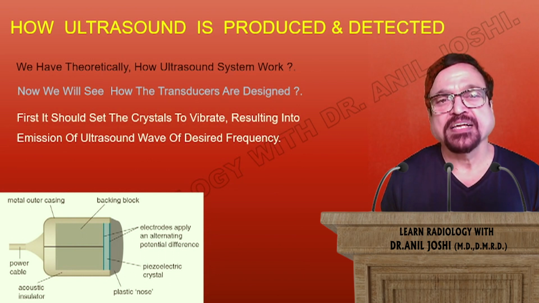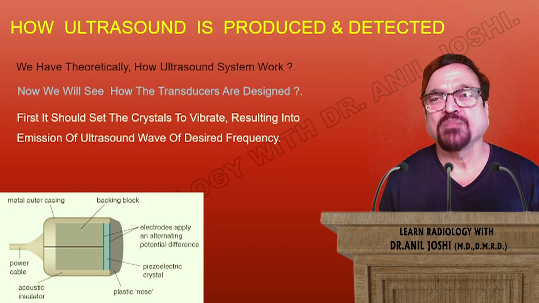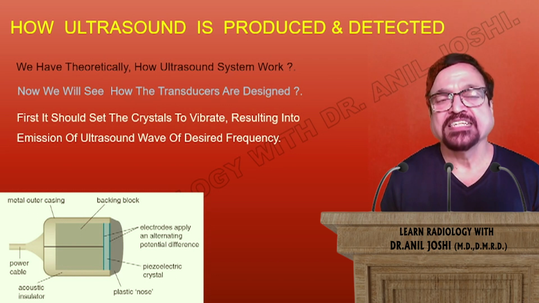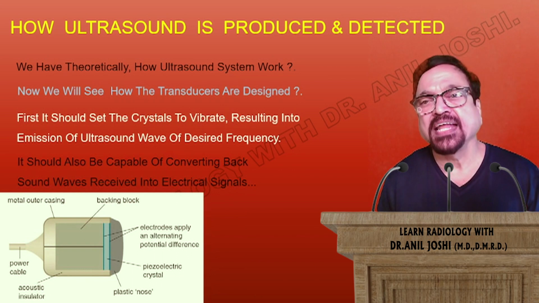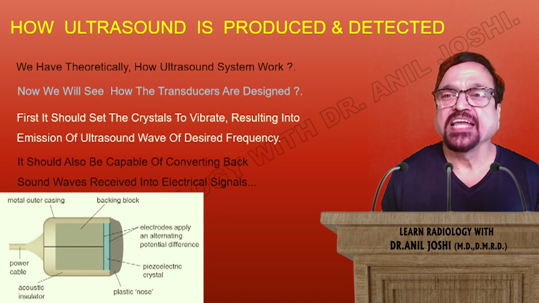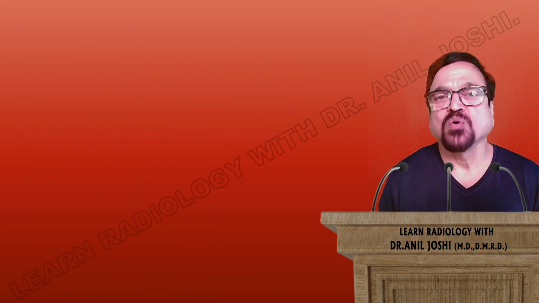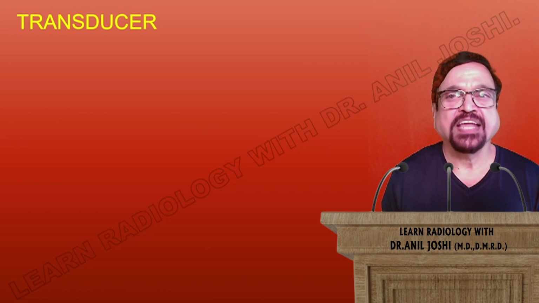So it should have a line or row of crystals which can be set into vibration, resulting in emission of sound waves of desired frequency. And it should also be capable of converting received sound waves back into electric signals. So whatever signal it receives back is transferred by means of an electrical signal.